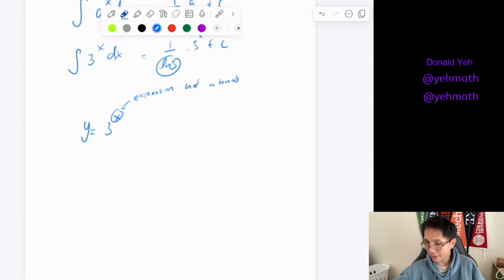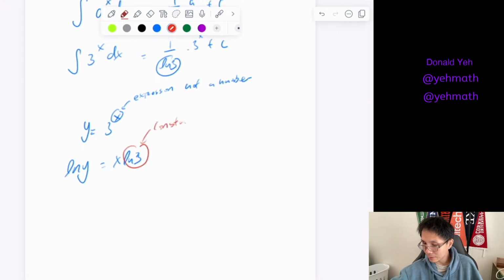Then you say, okay, well, if it's not a number, then the only thing I can do is take the natural log. Now understand this is a constant again. If you have a constant times x, then the derivative is just the constant, because let's say the derivative of 3x is going to be 3. The derivative of natural log of 3 times x is just going to be natural log of 3.